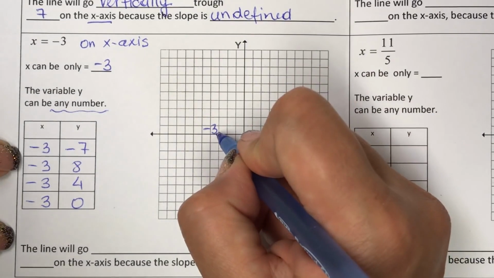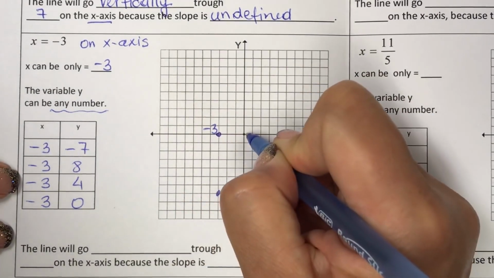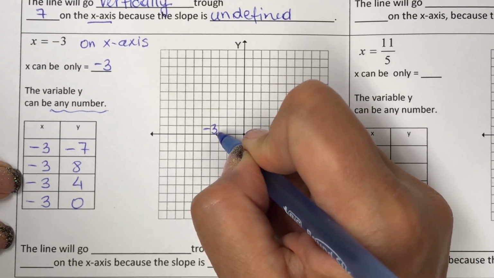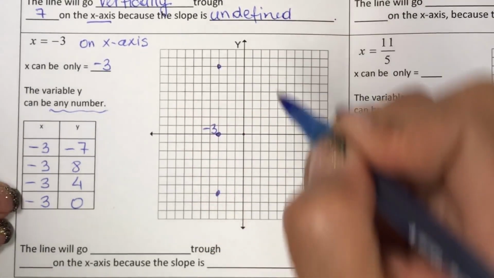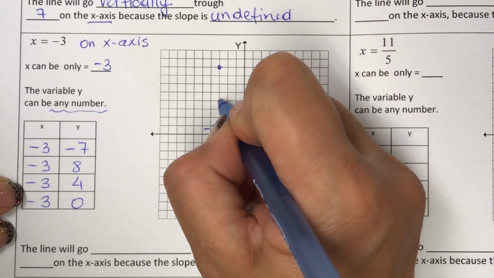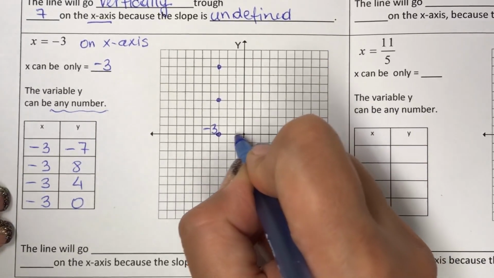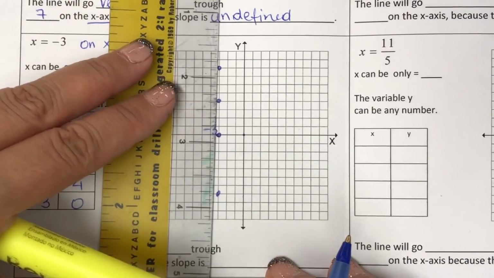So negative 3, negative 7, down we go for negative 7. Negative 3 for x, up we go for y, 8. Negative 3 for x, up we go for y, 4. And then negative 3, 0 is my x-intercept.